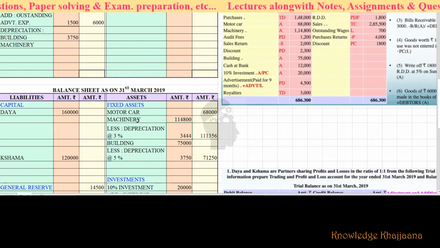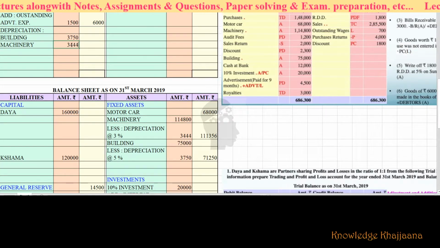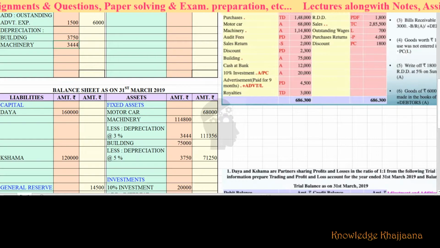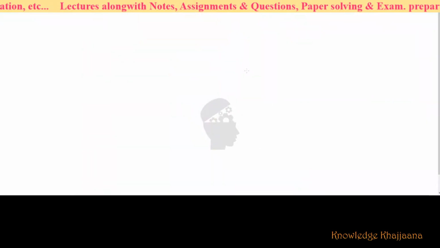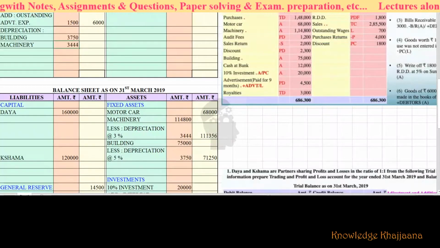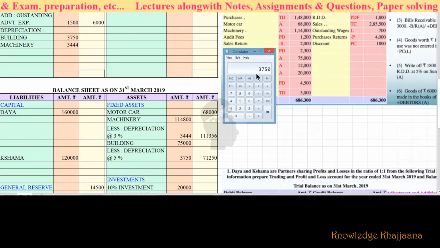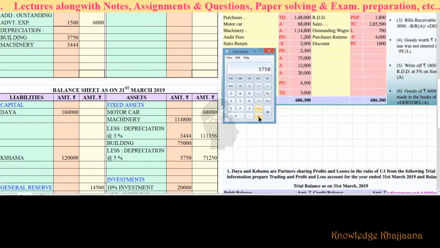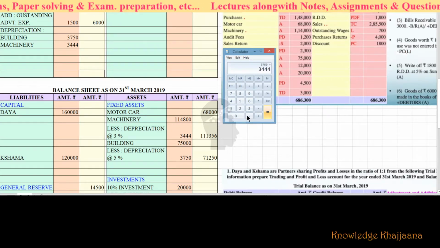And here machinery 3,444. So what is the total? 3,750 plus 3,444.